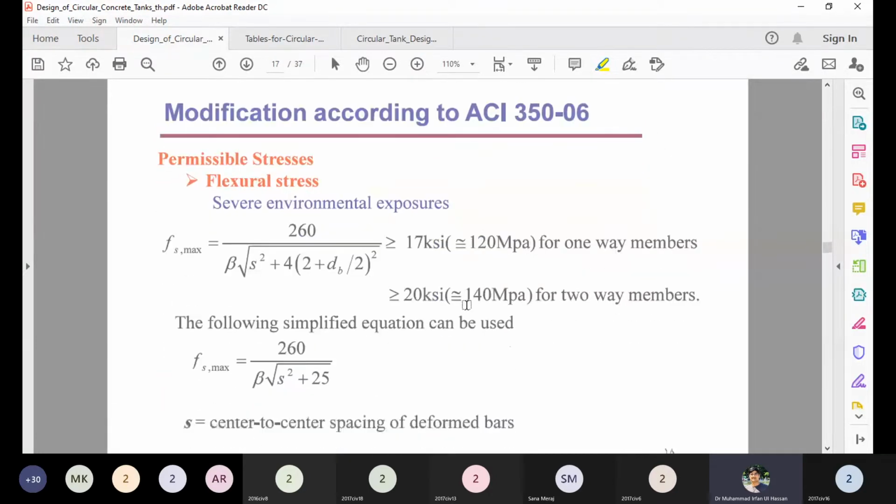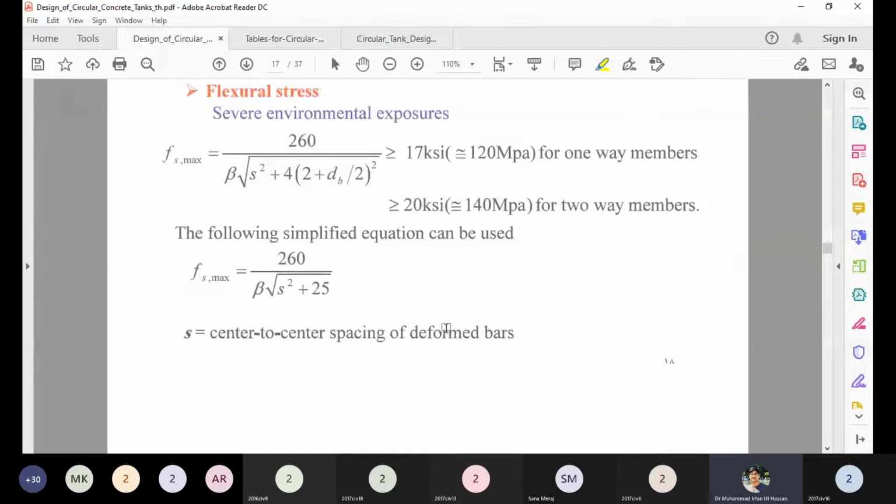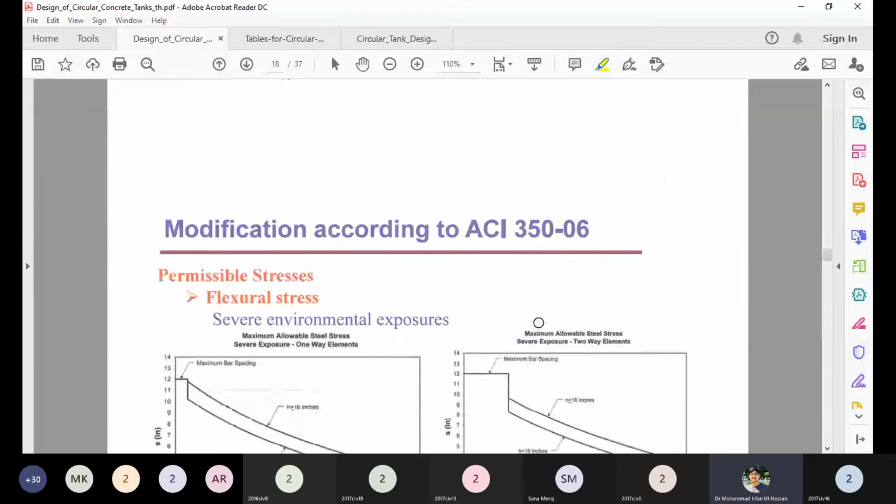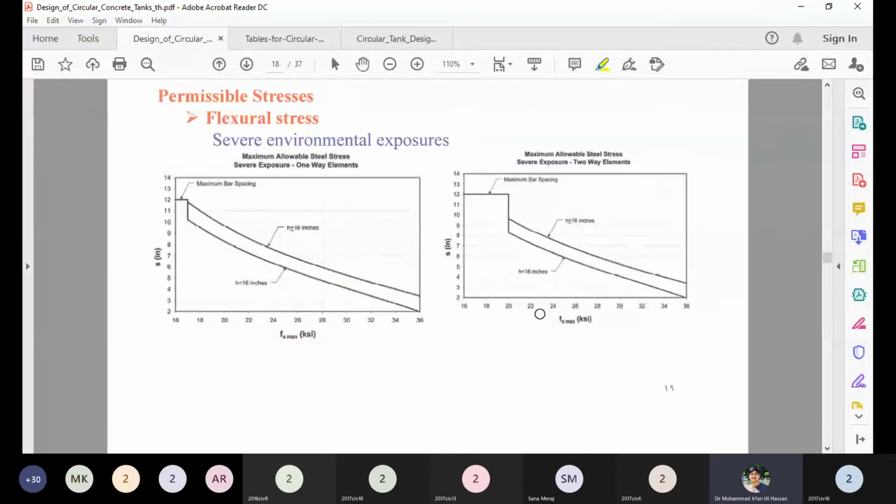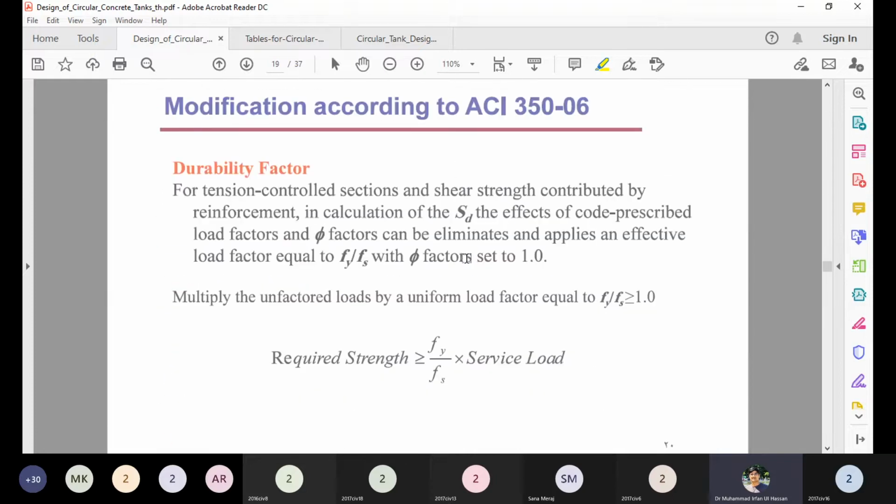Similarly, for the severe environmental exposure, the formula is a bit modified, and accordingly, the curve is also modified for the severe environmental condition. You can see the allowable flexural stress limit from these curves or by using these expressions. Durability factor is basically also multiplied with the load.